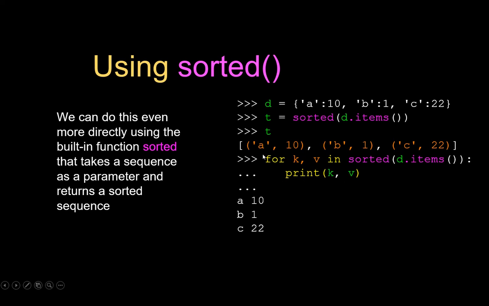In this case, the first key is A, value is 10, then B, 1, then C, 22. So that's how we use the sort function and a for loop to get the content of a dictionary.